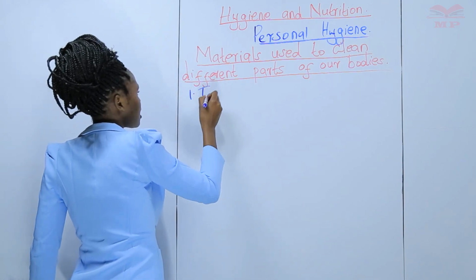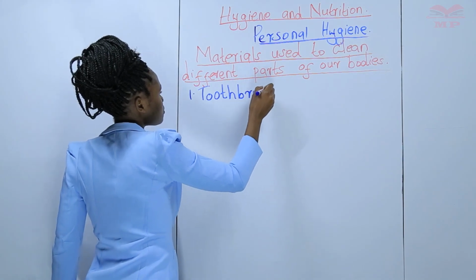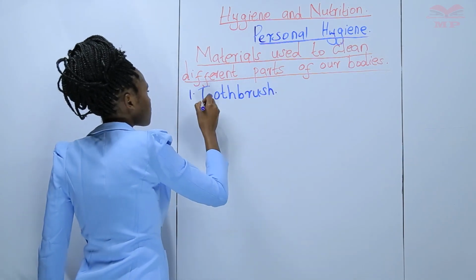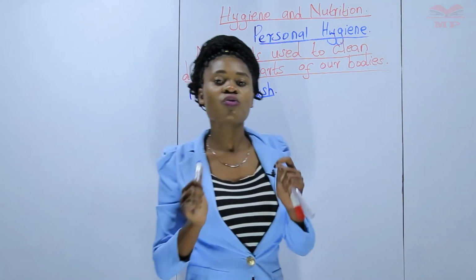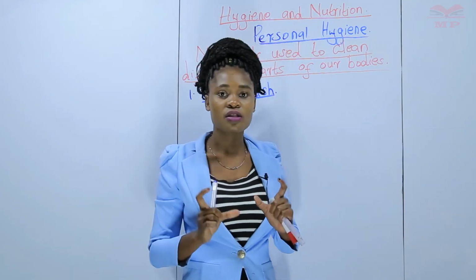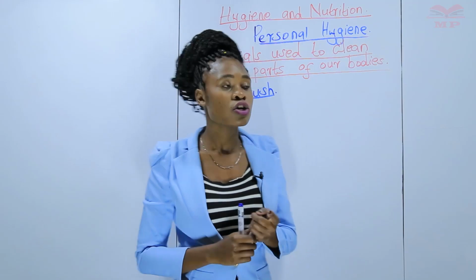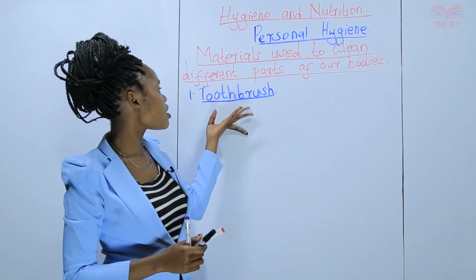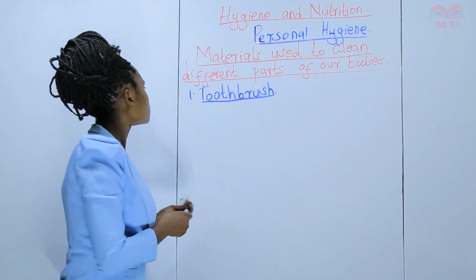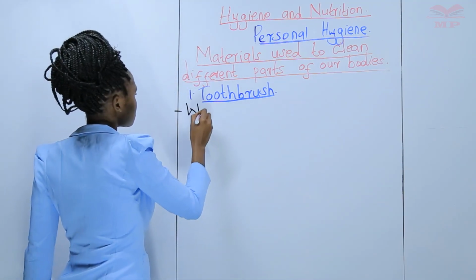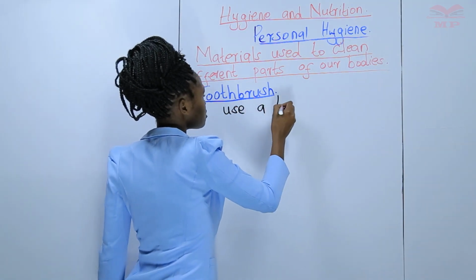So we shall start learning about a toothbrush. Now we use a toothbrush when brushing our teeth. When you want to brush your teeth, you will use what we call a toothbrush. So a toothbrush is an item or a material that we use to clean our teeth.